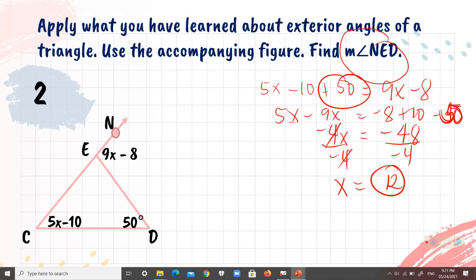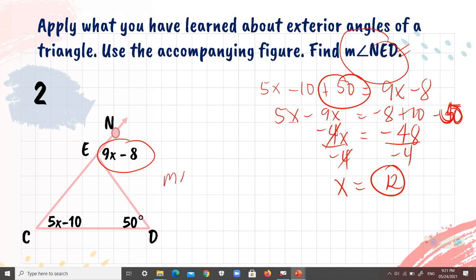So we're not yet done because in the direction, you are going to find the measure of angle NED. So in our given, we have here 9x minus 8 for the representation of the measure of angle NED. So you are going to substitute.